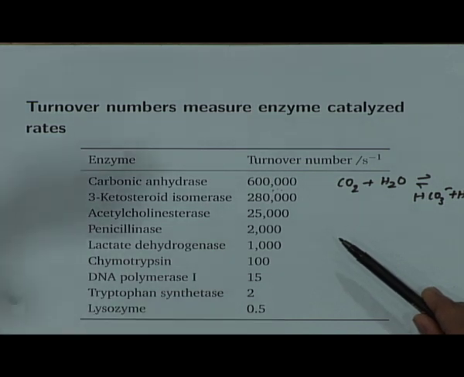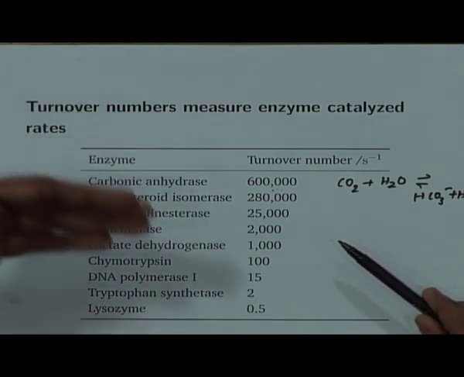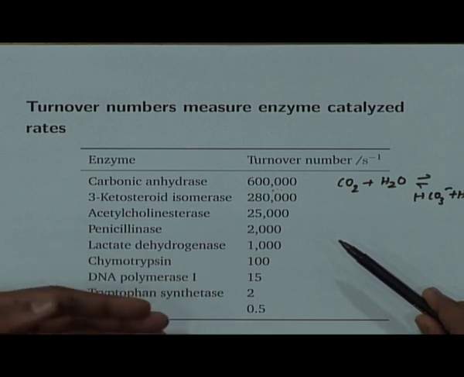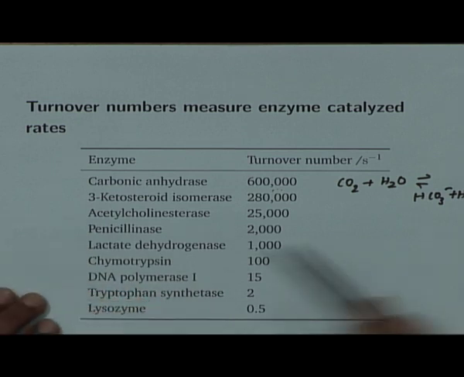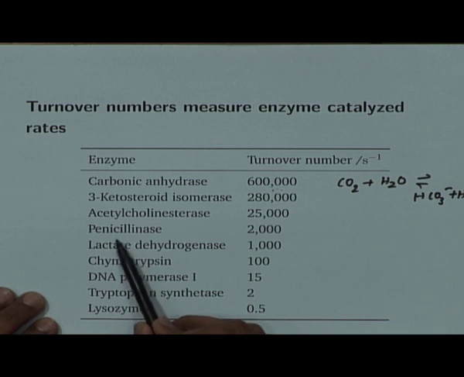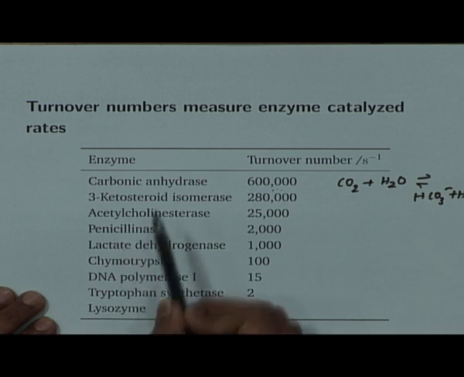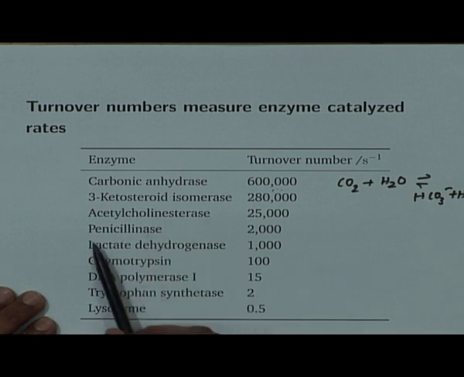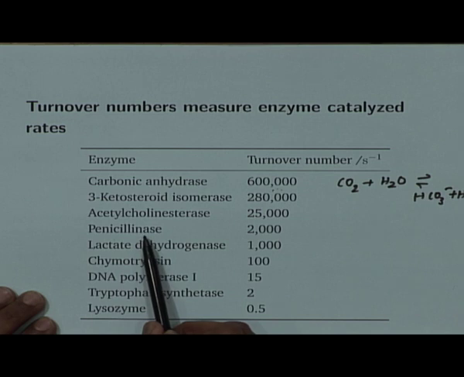Our whole natural system, our body for example, completely works with enzyme catalyzed reactions, right. Penicillinase for example is the enzyme that breaks down a penicillin antibiotic which is given to the body. So, this breaks down the penicillin antibiotic. Lactate dehydrogenase is what acts when you drink milk for example.